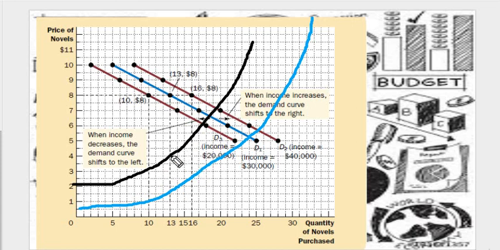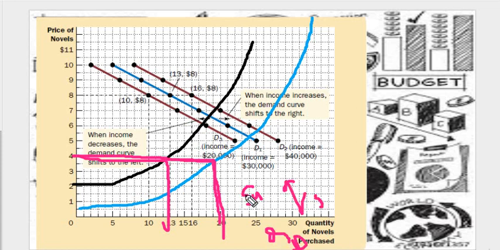So if let's say something like this has happened, and now the supply curve has shifted rightwards, that essentially means that at this price more is actually supplied. Instead of quantity demanded, we have quantity supplied.